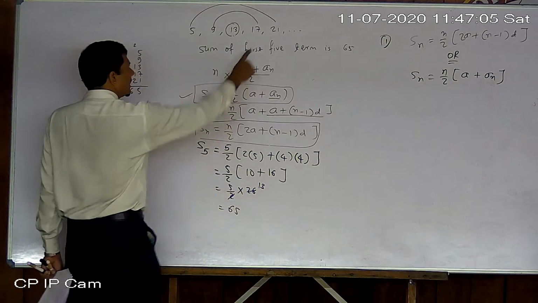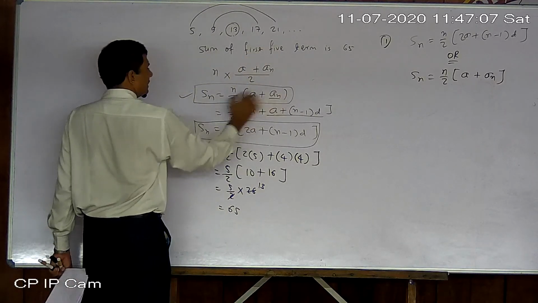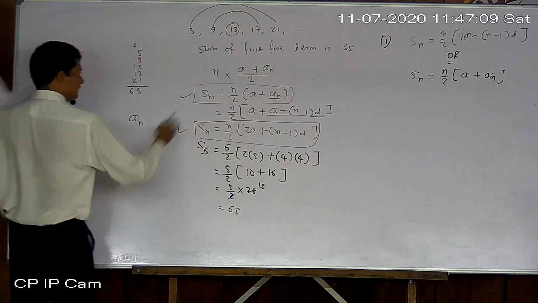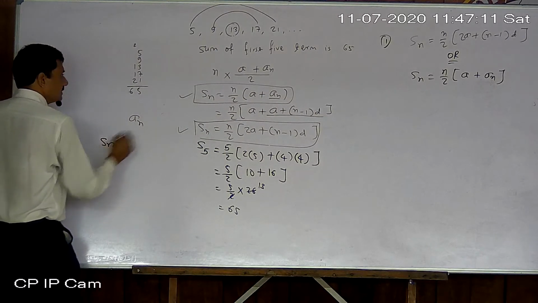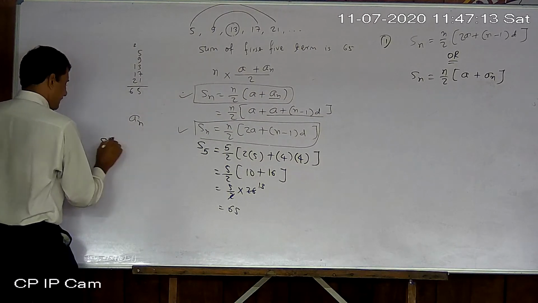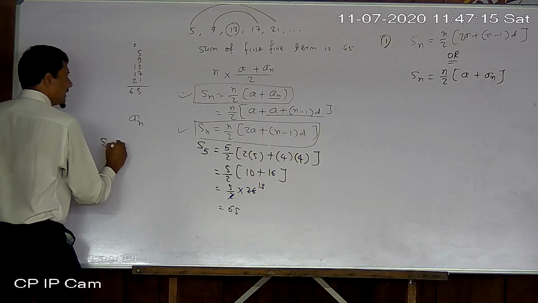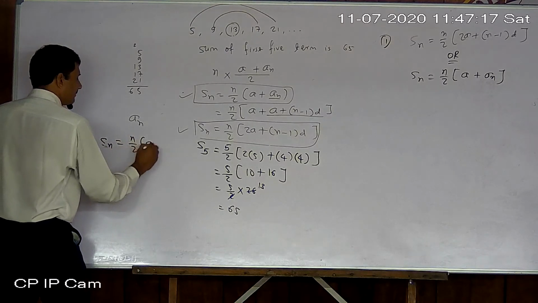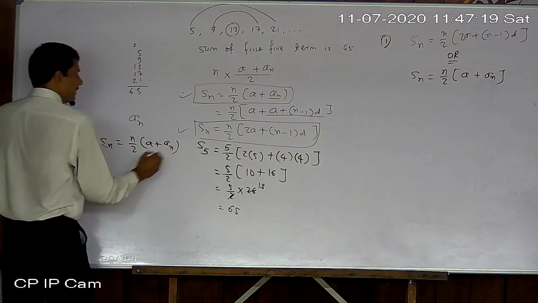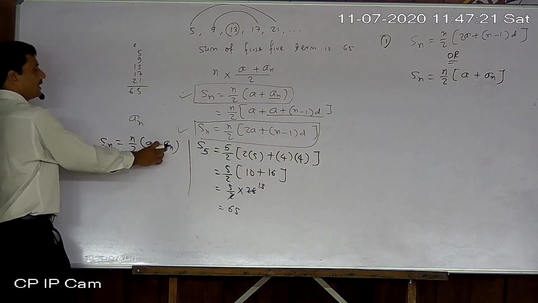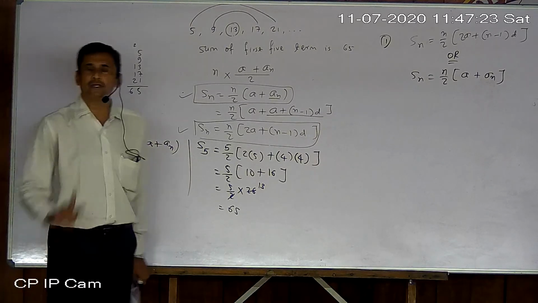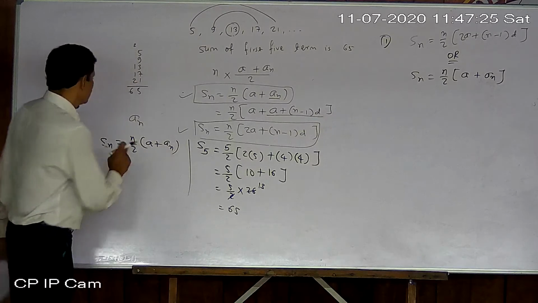If you already have the last term, 21, then you can use this formula also: Sn equal to n by 2 into a plus l. But only when I know both the last term and the first term can I use this one.